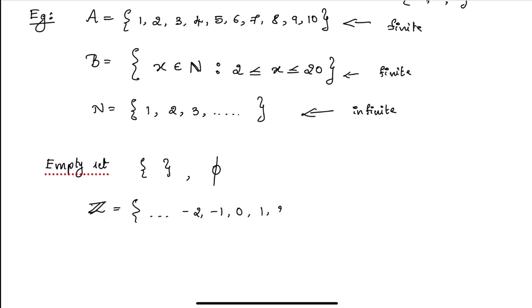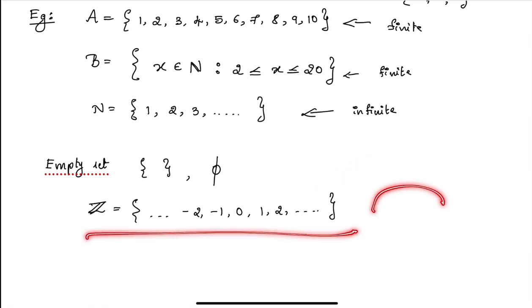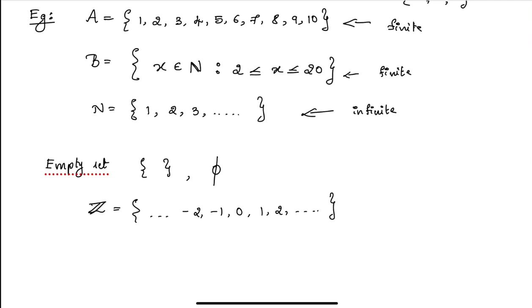The set containing all the integers. This is uniform everywhere. Even if one student writes this set, or another student writes it, it will be the same. Whoever writes the set of integers, it remains the same.